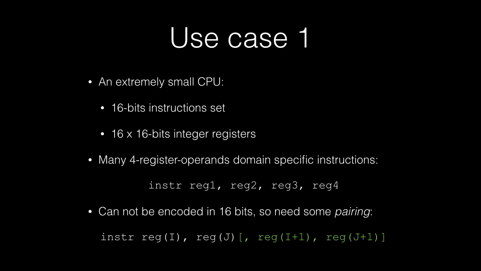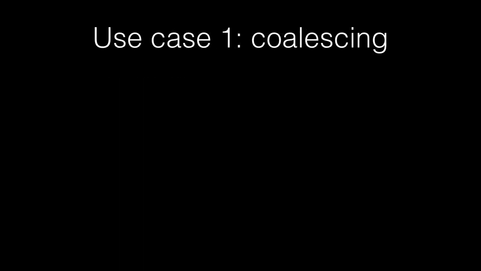So we had to come up with a way to pass the third and the fourth operands implicitly. And this was encoded as the successors. For example, the third operand is the successor register of the first operand, and the fourth operand is the successor register of the second. Great. The first problem that we found out is coalescing, because the coalescer is not aware of our constraints, and pairing requires different registers.